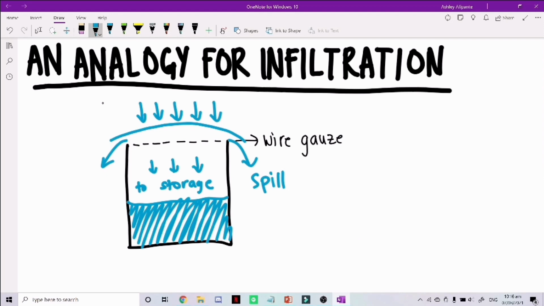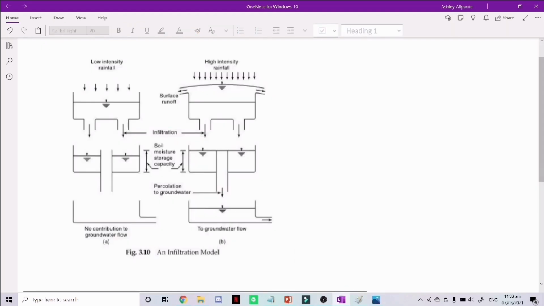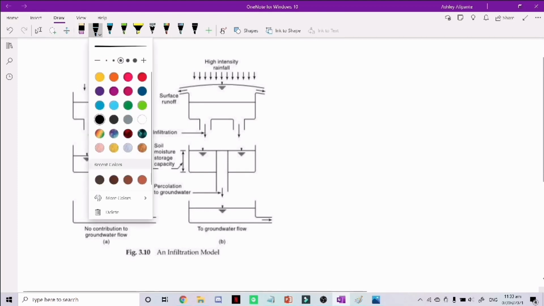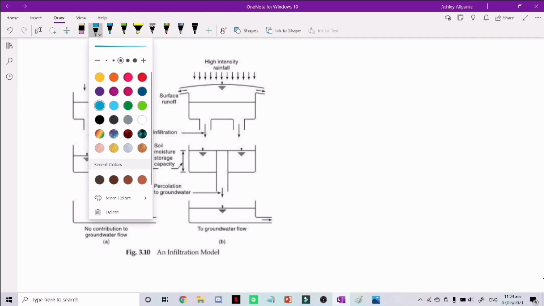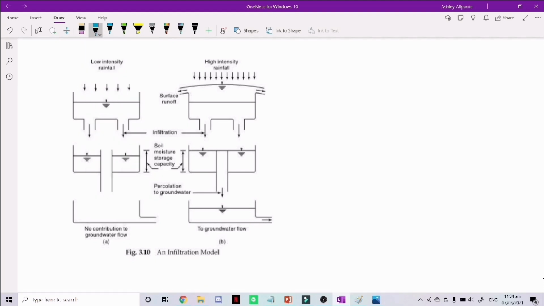The next analogy that I will show you highlights the maximum rate at which the ground can absorb water, or the infiltration capacity, and the volume of water that the ground can hold, or the field capacity. It is schematically modeled in this figure. Now, in this analogy, we can see that it is separated from low-intensity rainfall to high-intensity rainfall.